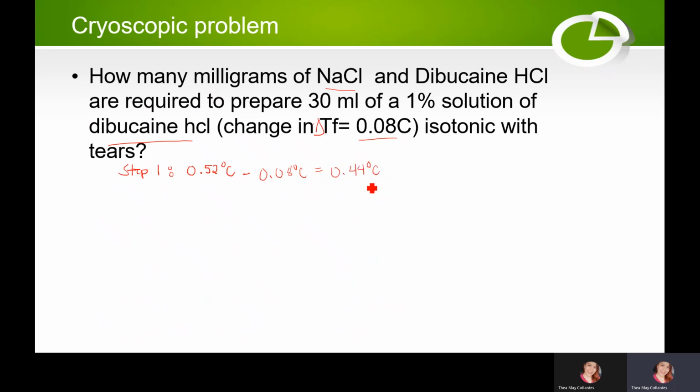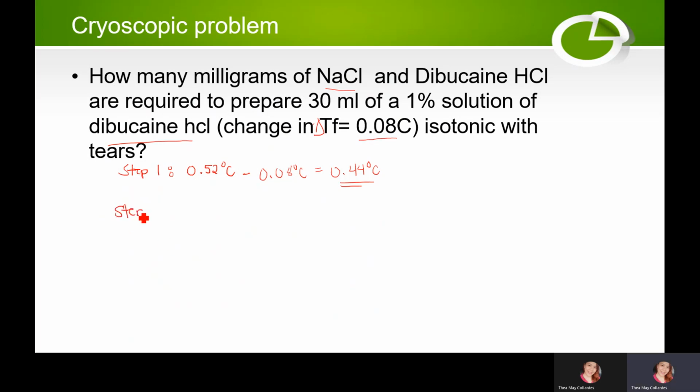I need to drop my freezing point to another 0.44 degrees Celsius. Because it is given already that the 1% solution of my dibutane gives a depression of 0.08 from the 0, which is the standard. So, kinailangan ko pagid another 0.44 degrees Celsius. Diba? Understood?